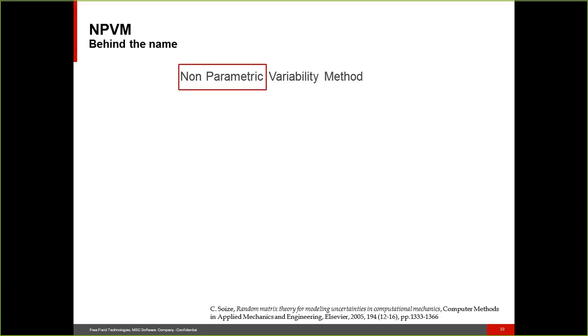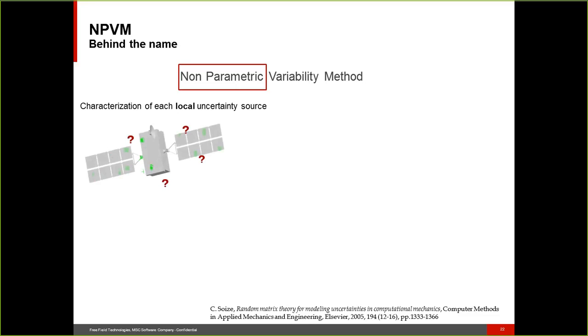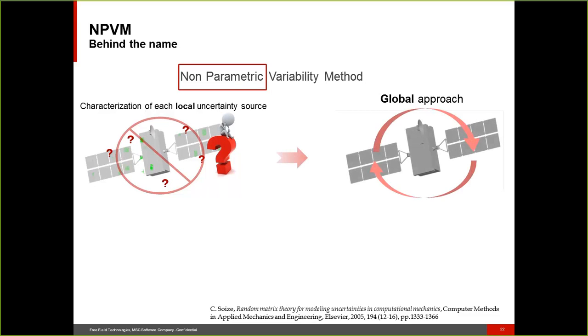The non-parametric term derives from the way variability is introduced in a numerical model. Indeed, instead of making the characterization of each local source of uncertainty, we go for a global approach, where variability is added at a global level. So what does it mean?